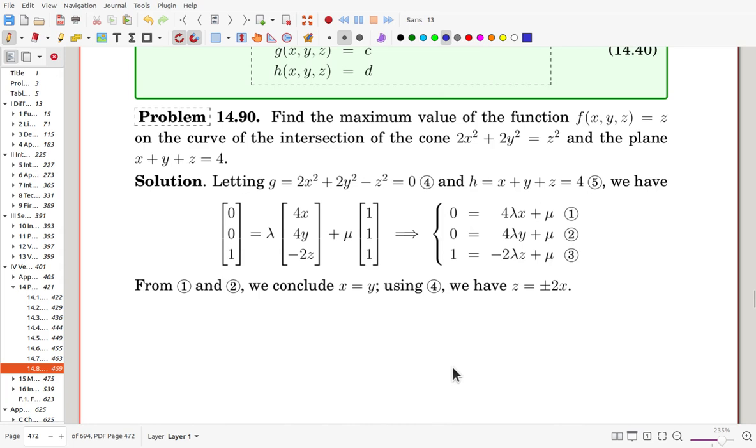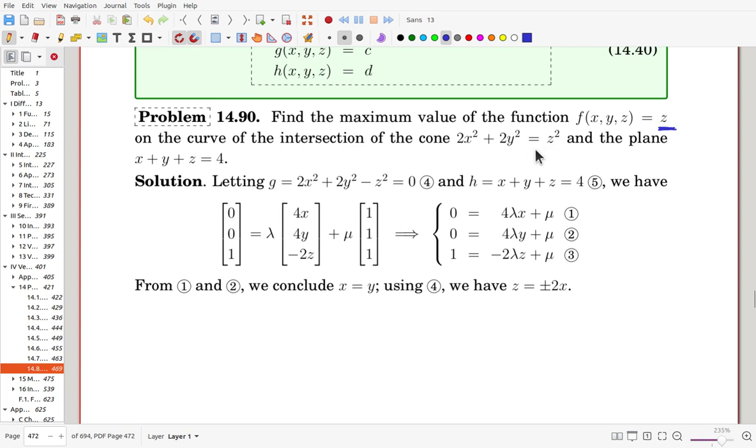Find the maximum value of the function f of x, y, z equals z. For simplicity, we chose the objective function very simple, z, on the curve of intersection of the cone and the plane. Of course, the cone can be written as 2x squared plus 2y squared minus z squared.